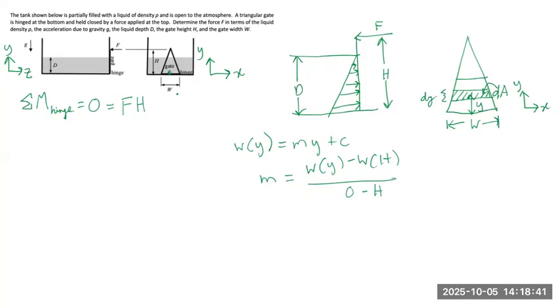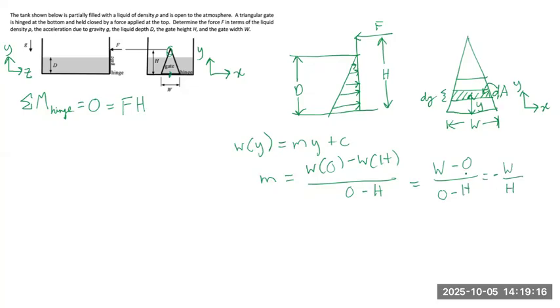And wait, sorry, actually I mean W0. So at y equals 0, the width is actually W. And at y equals h, which is over here, the width is actually 0. So we will have W minus 0 over 0 minus h, which will give us a slope of negative W over h.